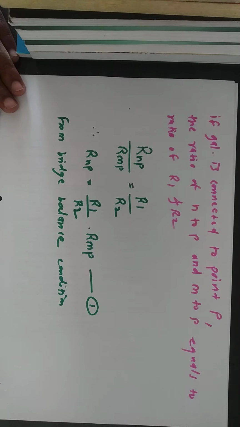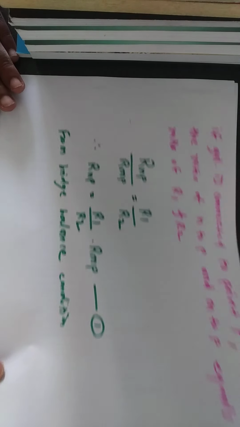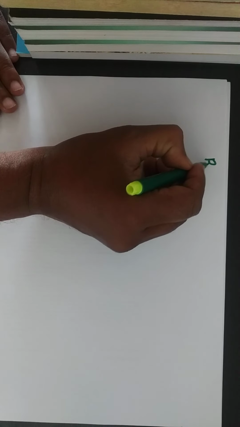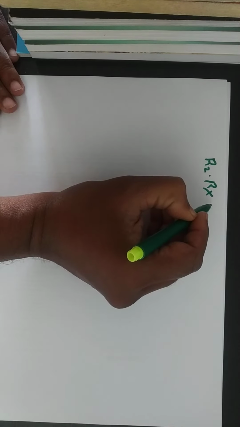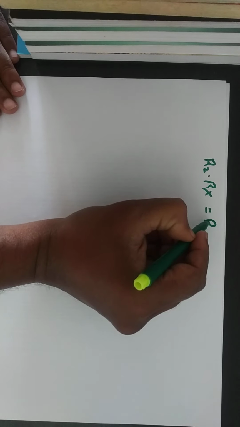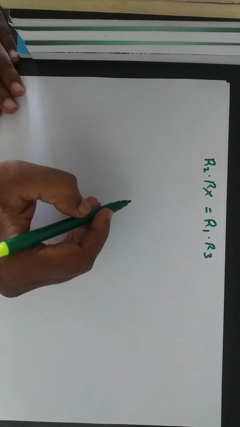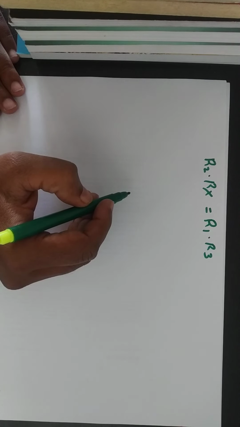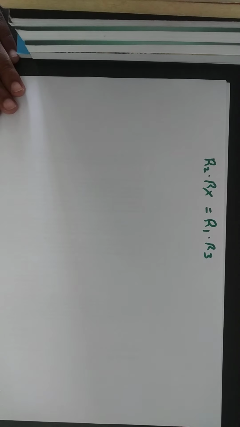So we have a bridge balance condition like this: R2 into Rx is equal to R1 into R3. And basically now we can write like this.